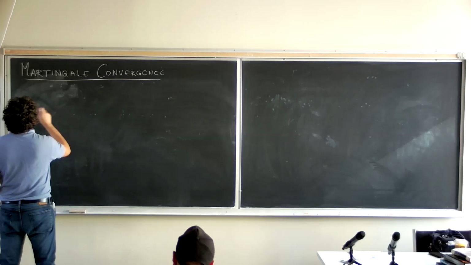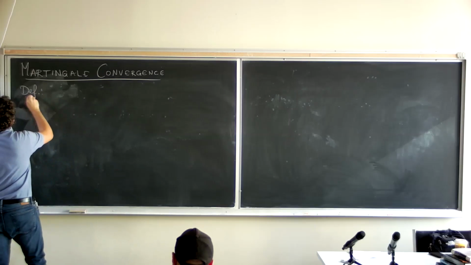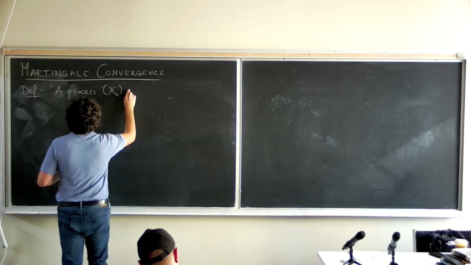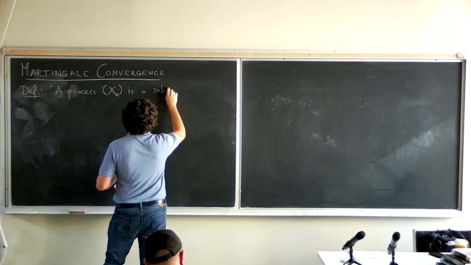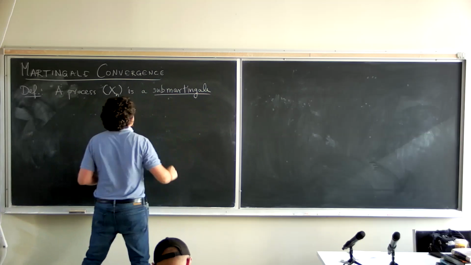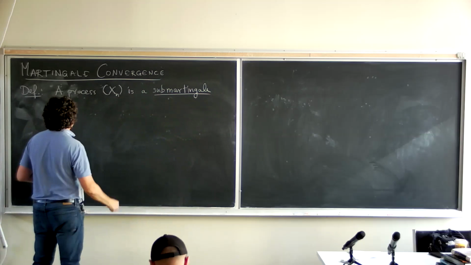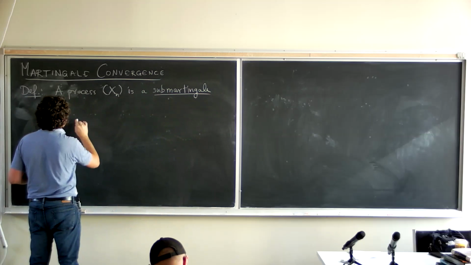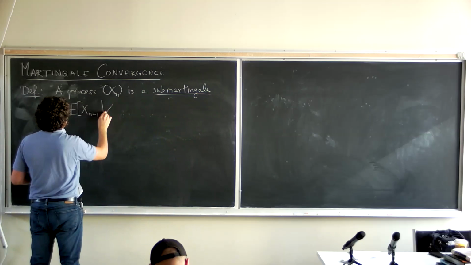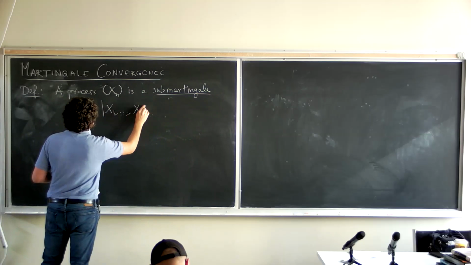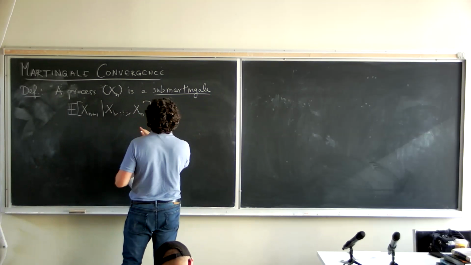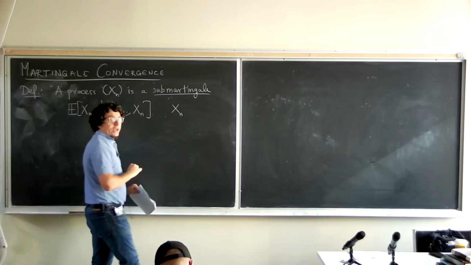So the definition is that a sequence of random variables Xn is a submartingale if we compare the expected value of Xn+1 given X1 to Xn, the value in the future given the values in the past and today, with the value of today.